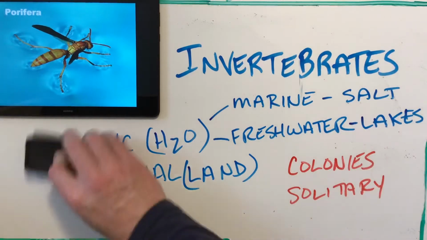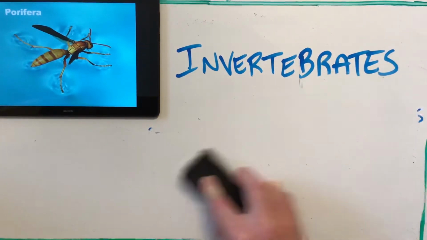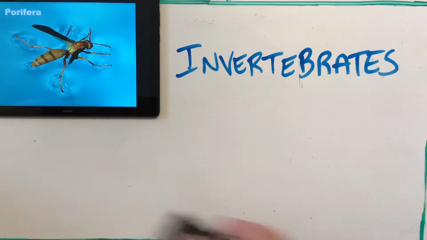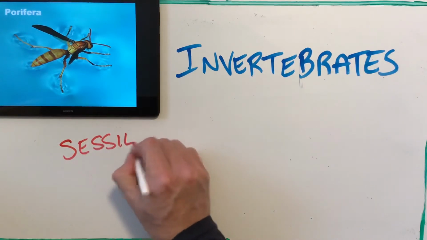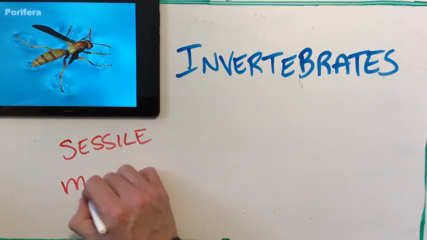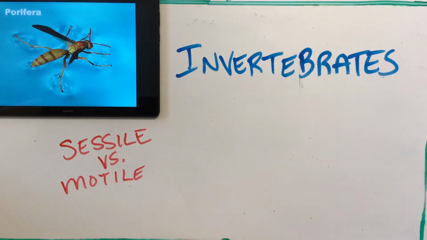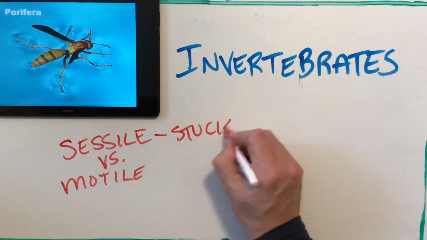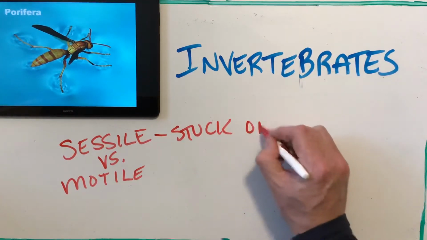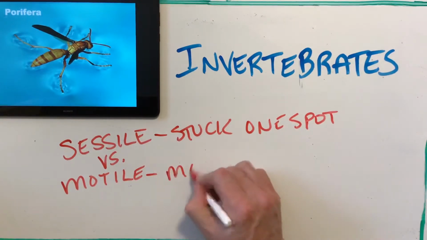And some other terms quickly while we're going over this. Sessile versus motile. If you are sessile, you are stuck in one spot. And if you're motile, you are able to move.